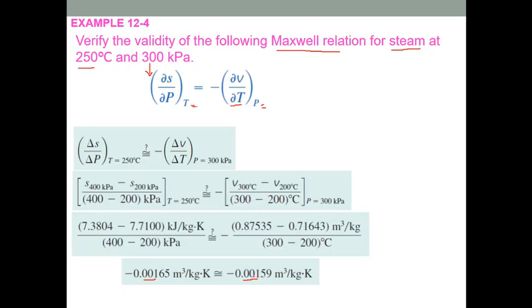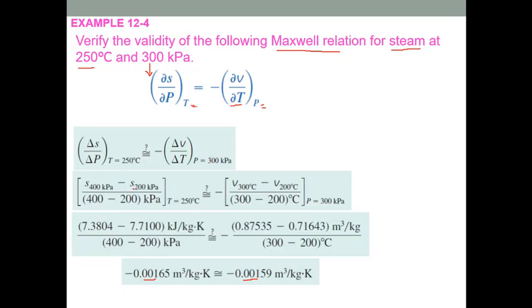Now this difference can be reduced if delta T is as small as possible. Instead of 250 degrees C, if we select the closest points, let's say 260 and 270, then the answer will be much closer. Similarly, for 300 kilopascal, we have selected 400 kilopascal and 200 kilopascal. If we take 310 and 305, the answer will be much closer.